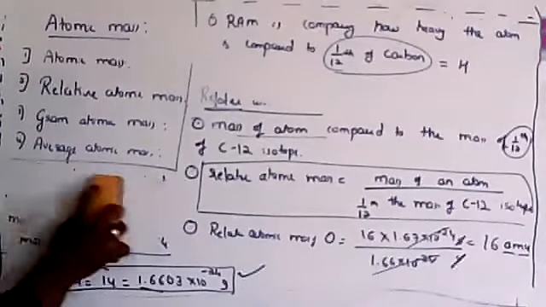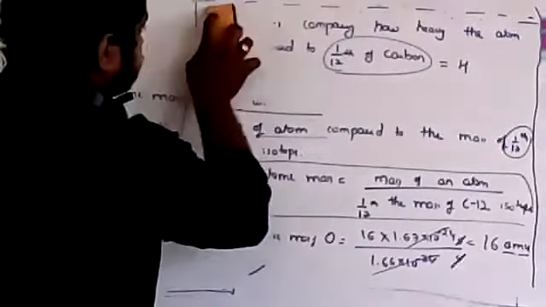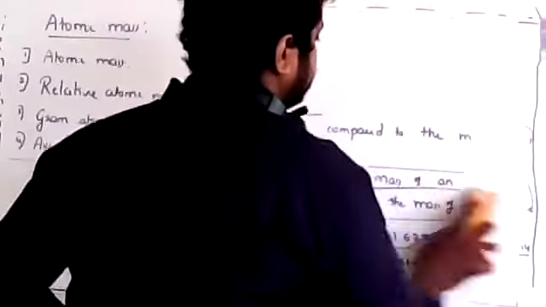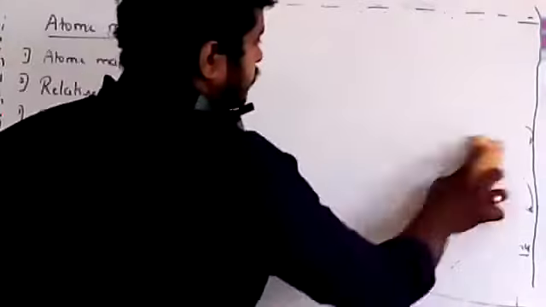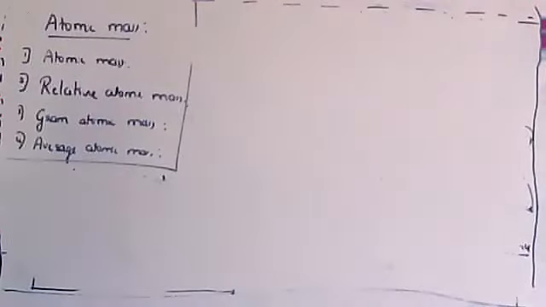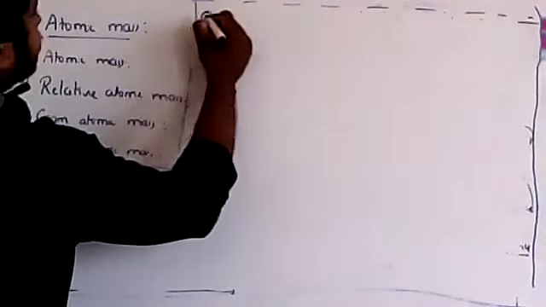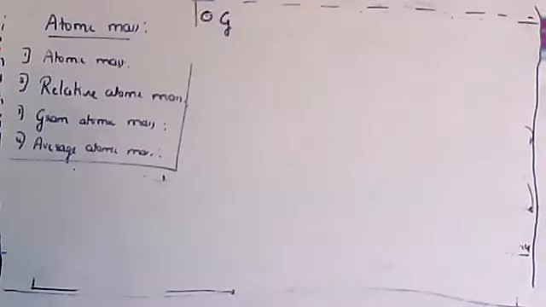The next part here is gram atomic mass. What do you mean by gram atomic mass? Very simple. Let me just read once any message where they're asking a doubt. Okay, fine, then I'll continue.